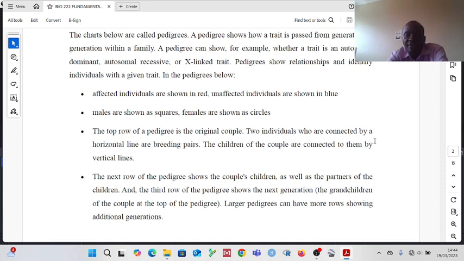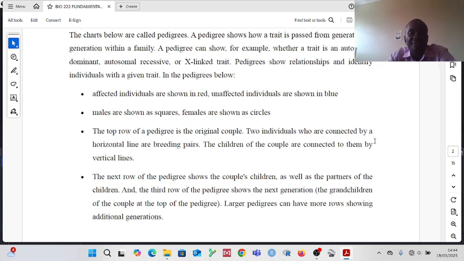But in that pedigree, we will see that there will be individuals who are affected, who have a certain trait. If the trait in question is a disease, then maybe the affected individuals will be suffering from that disease. Then the individuals who are unaffected, they don't have that disease.